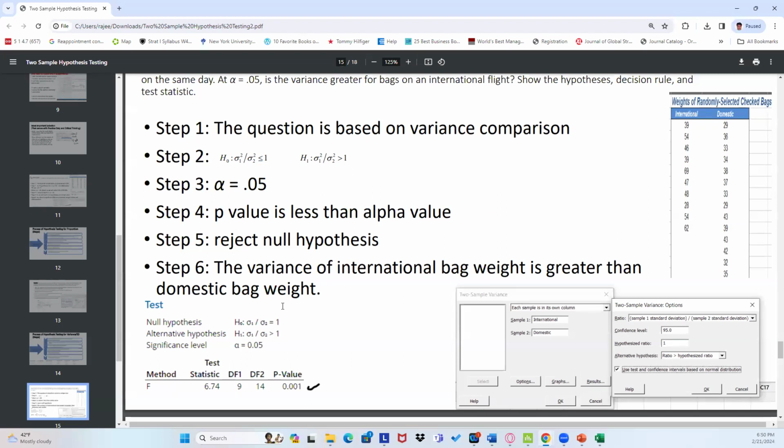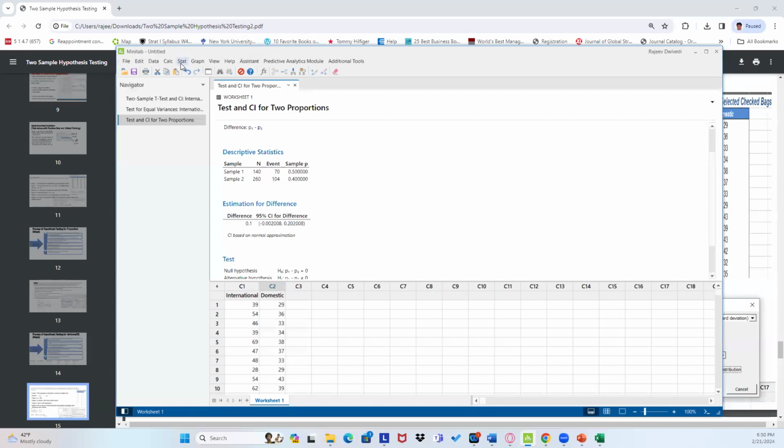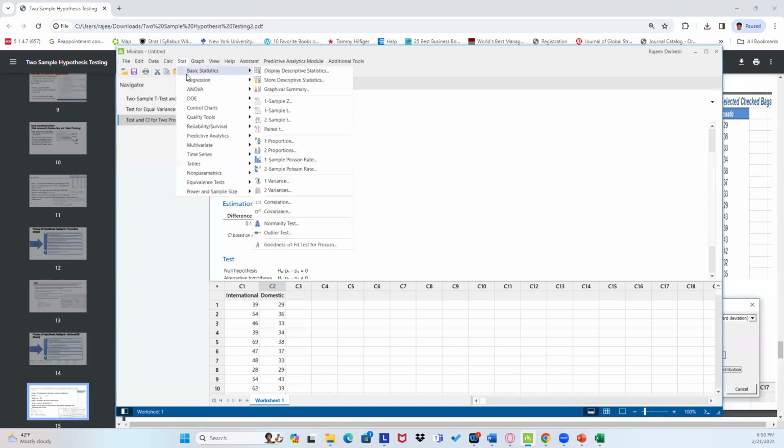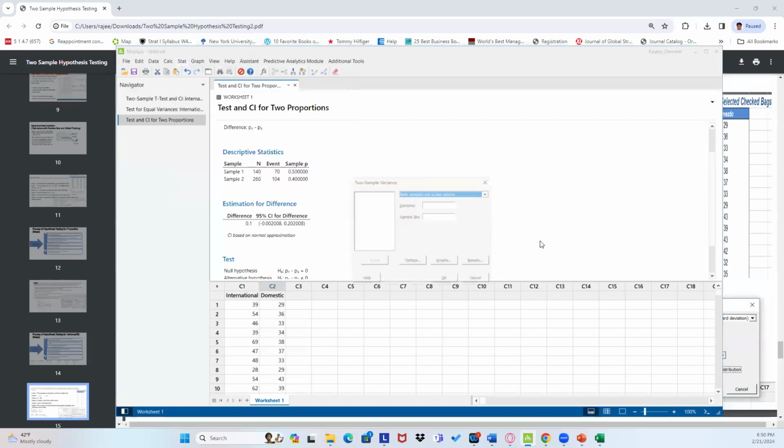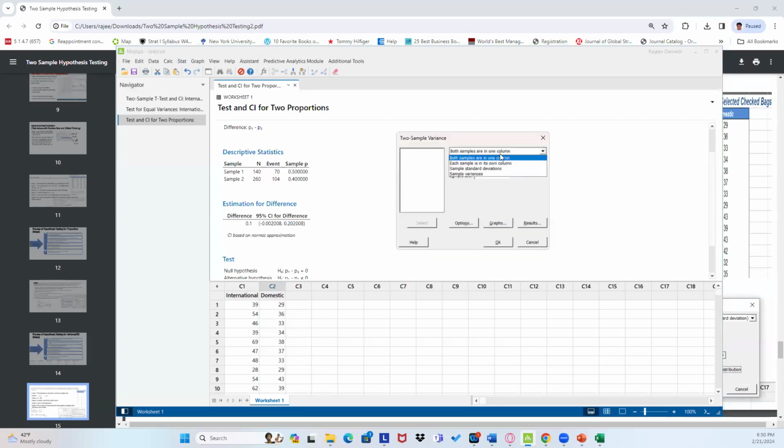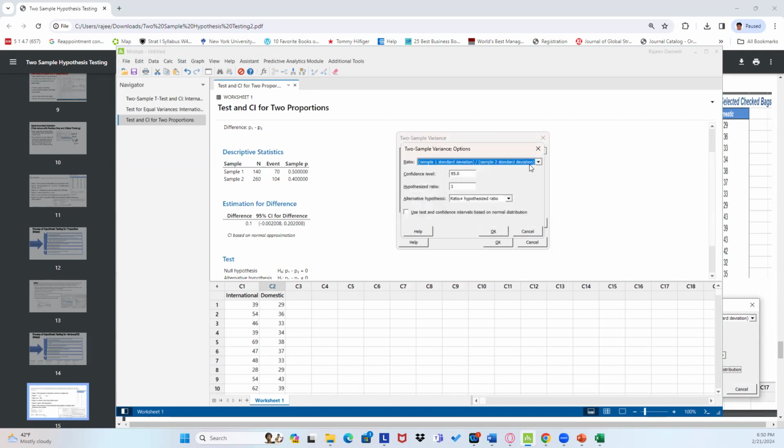And let's see. Here we go: Statistics, Variance, and we have different options.